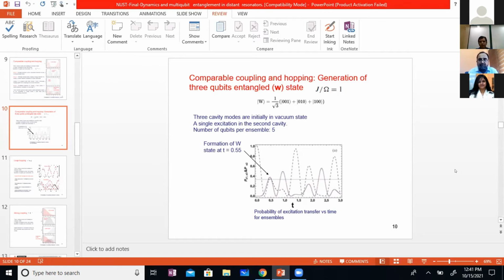Notice at t equal to 0.55, we have excitations in all 3 cavities, right? So these cavities are prepared in an entangled state, and there is no classical analog for this. That I must emphasize. We can't see this behavior with a classical pendulum, which is a purely quantum mechanical feature.